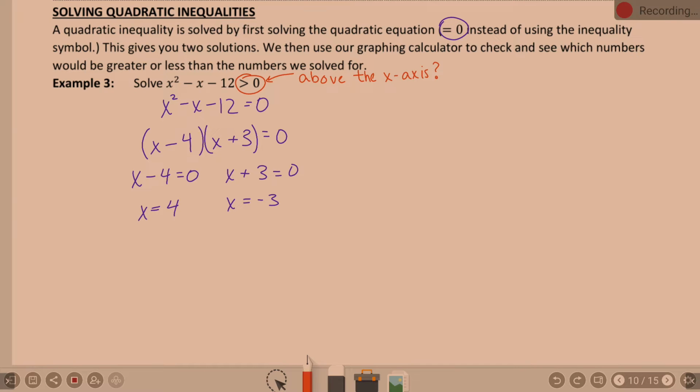So, in order to do this, we're going to look at the graph. We're going to graph the equation y equals x squared minus x minus 12.